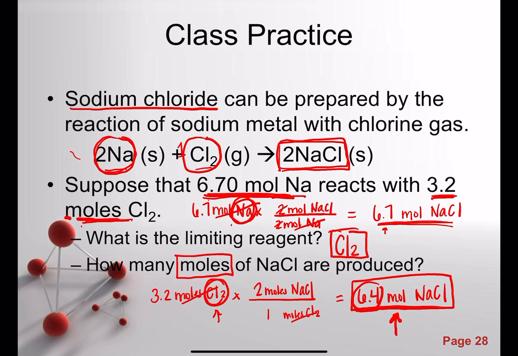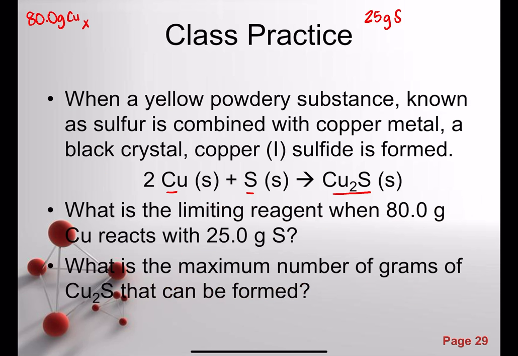And so we only had one step because we could go straight to our mole-to-mole ratio here. But in this one, where we're given grams, we have to get from grams to moles first before we can do our mole-to-mole ratio.